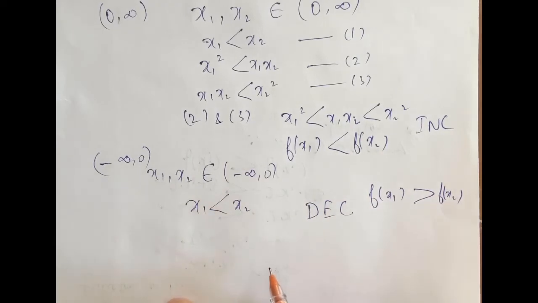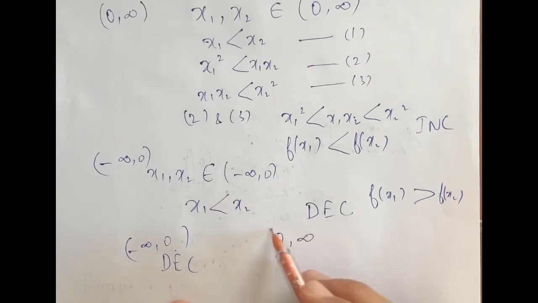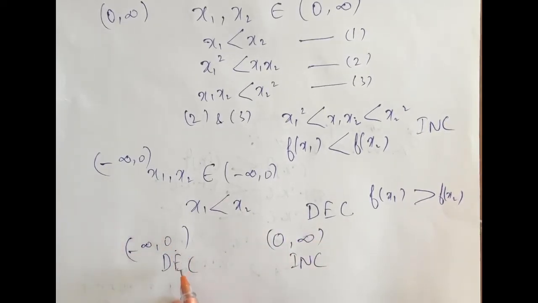So what is the conclusion? For the set of real numbers, for one part, from minus infinity to 0, it's a decreasing function. From 0 to infinity, this is increasing. So for this interval we can say x square is a decreasing function, and for this interval we can say it's an increasing function. What about minus infinity to plus infinity?